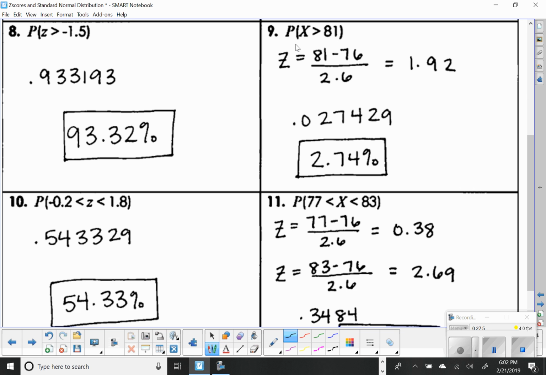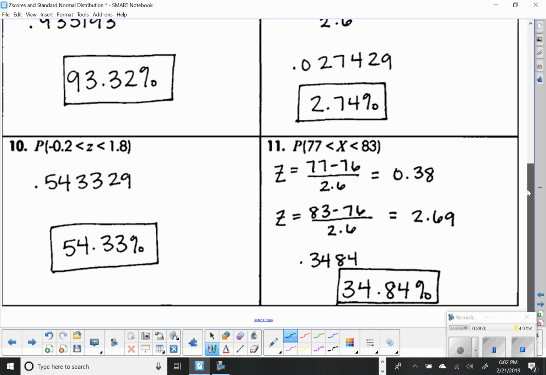So if you use your calculator, no z-score, just use second vars. If you use Desmos, you have to get the z-score and then put it in as either the minimum or the maximum. Now, down here for number 11, you have to calculate both the z-score for 77 and 83. Then this becomes your lower, this becomes your upper when you put it into Desmos. Questions there?